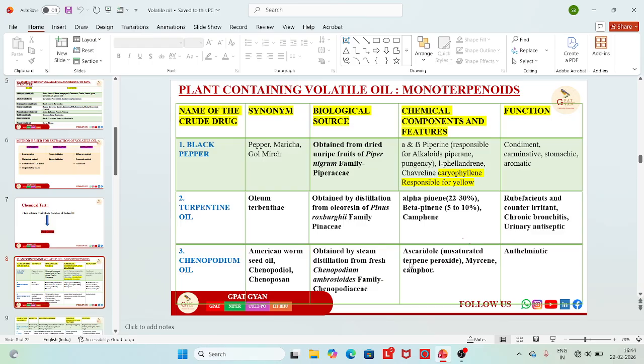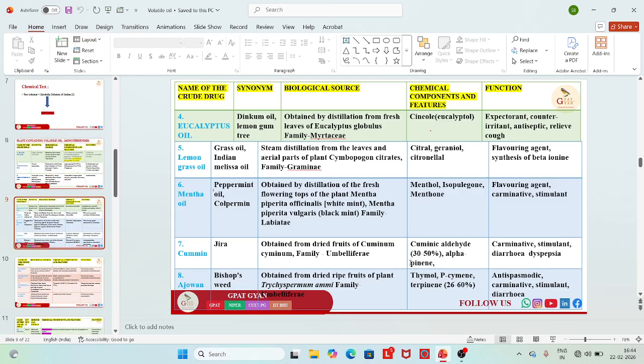Chenopodium oil is anthelmintic, and from the name of the chemical component we know why: it contains ascaridole that is used for removing the ascaris or the helminths from the human body. And ascaridole is an unsaturated carbon peroxide. Eucalyptus oil, cineol is the principal constituent. Lemongrass oil, this is the Cymbopogon citratus.